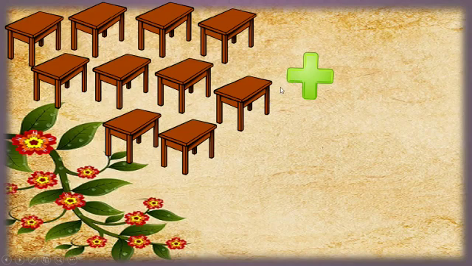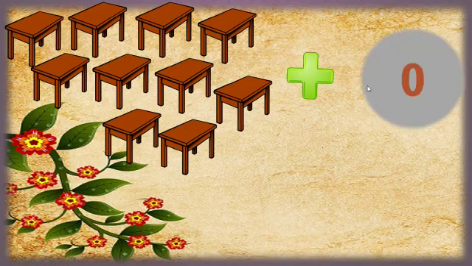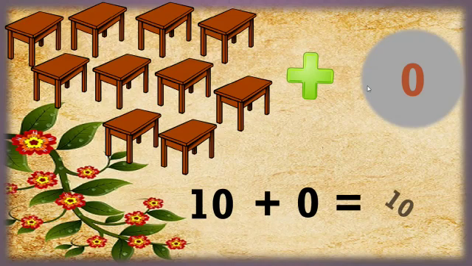And now, how many tables do we require to make it 10? We already have 10 tables, so we need nothing to add to make it 10. That's why we will add 0. 0 has no value. That's why 10 plus 0 is equal to 10.